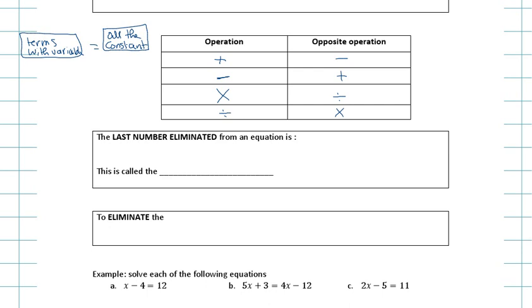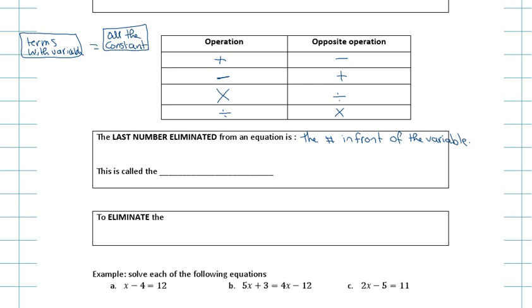The last number eliminated from an equation is the number that's in front of the letter. Okay? It's the number in front of the variable, which in other terms we call the coefficient. Okay?